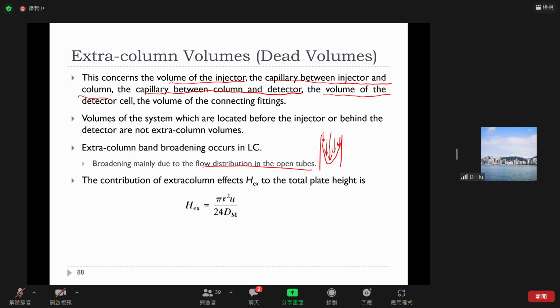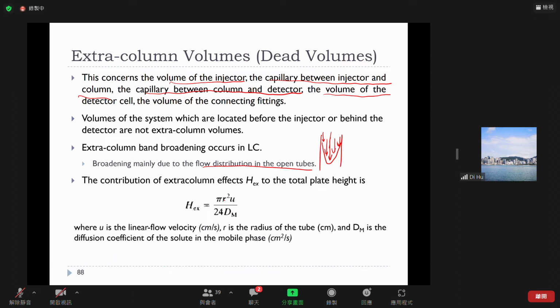Here R squared, where R is the radius of the tube, of course, because the wider the tube, the larger the space, and there'll be more difference between the middle and along the edge, right? And the linear flow velocity matters, as we just mentioned, because the compound gets more time to diffuse to equilibrium.